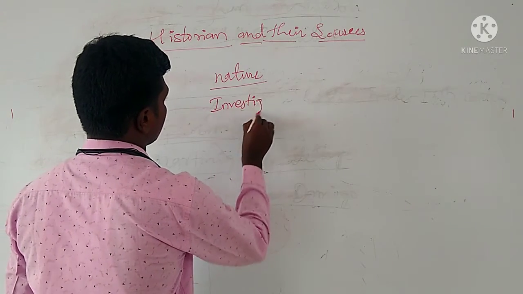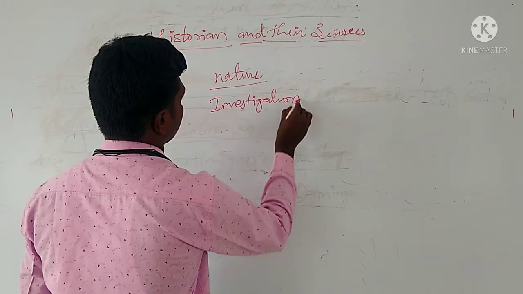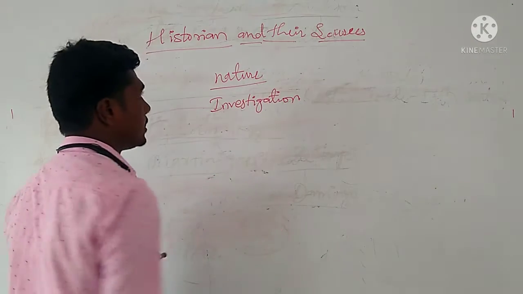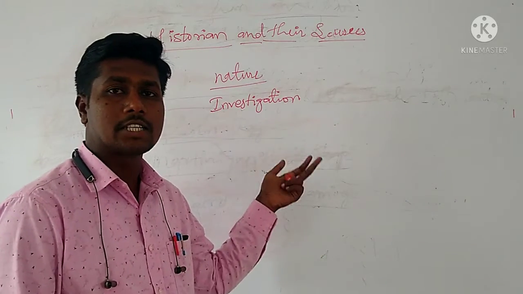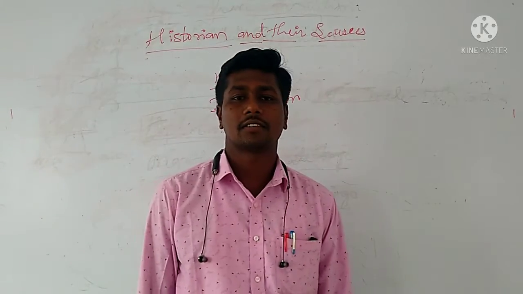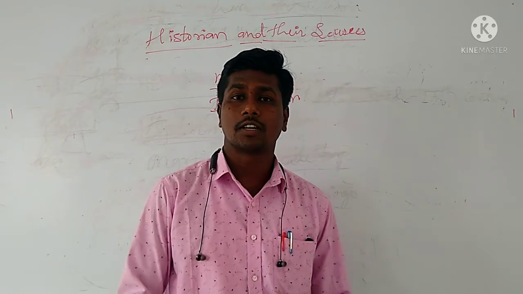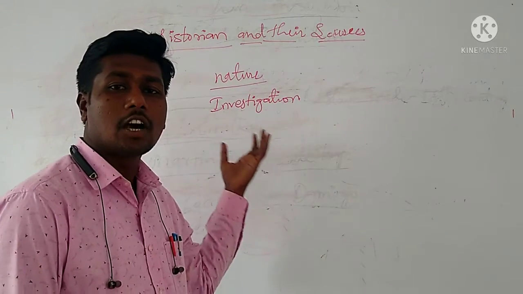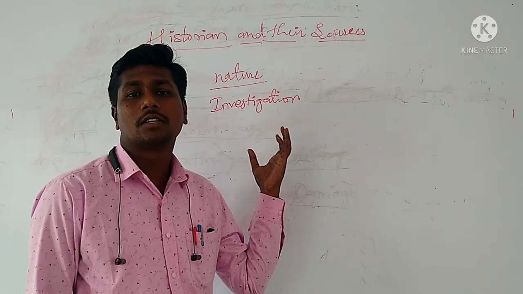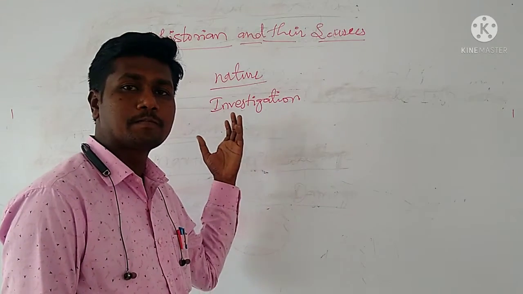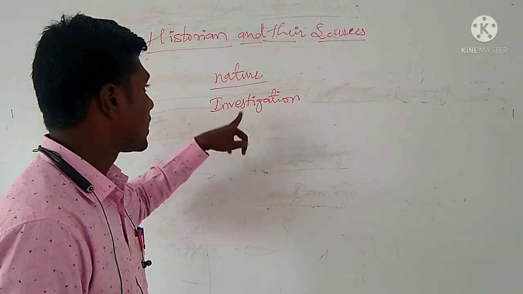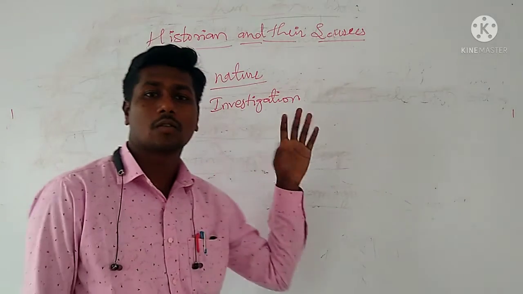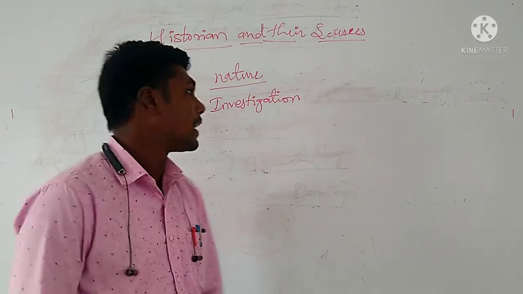So on this basis, the sources used by the historians are very different, and those different sources also depend upon the period of the historians' study as well as the nature of their investigation.